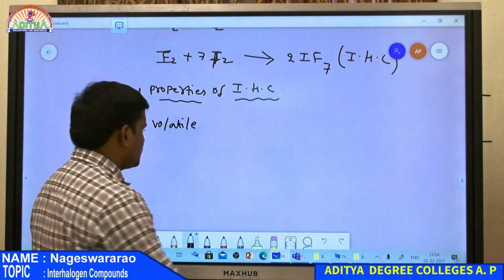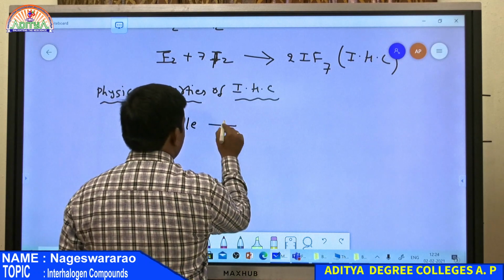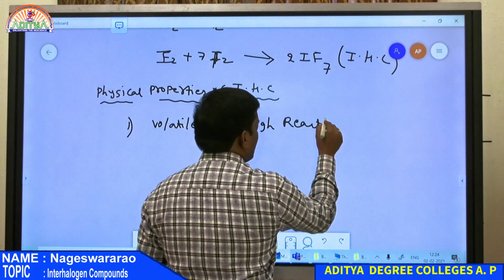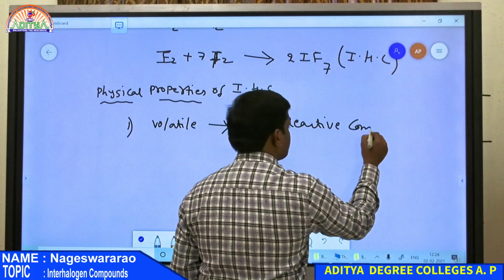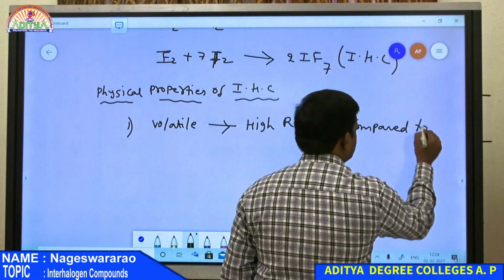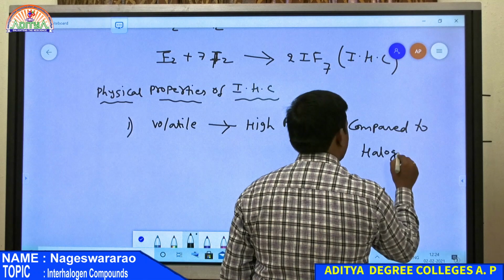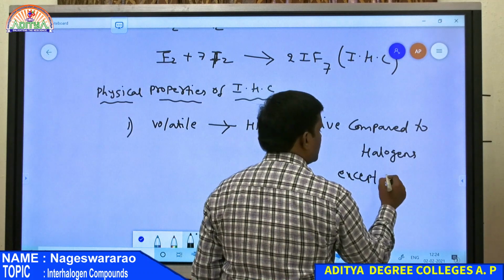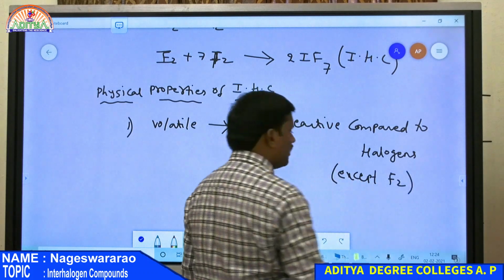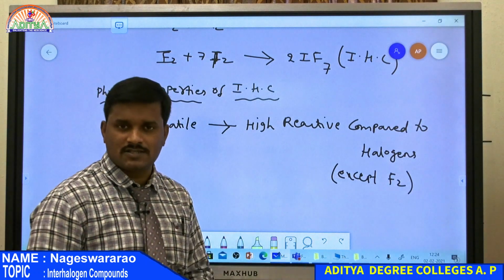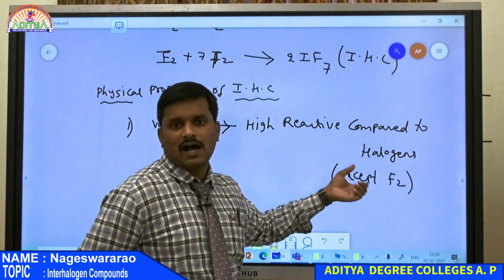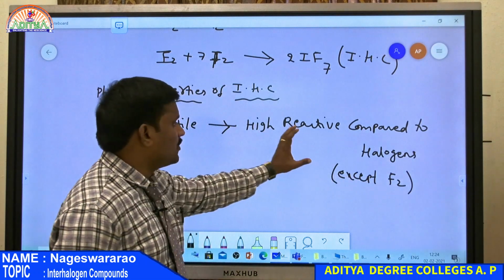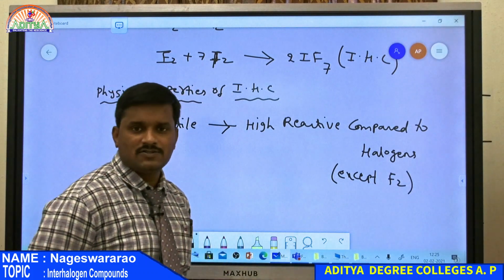Volatile means these are easily dissociated into ions, that is, all are highly reactive compared to halogens. But there is one exception, that is fluorine. Fluorine is more reactive than all halogens as well as all interhalogens. The reason for high reactivity is the highest electronegativity. Except fluorine, the remaining interhalogen compounds are more reactive compared to halogens.